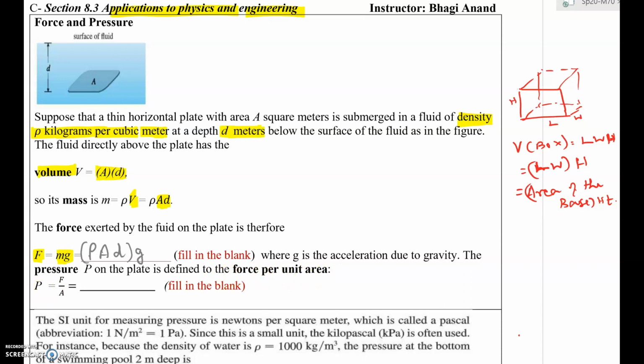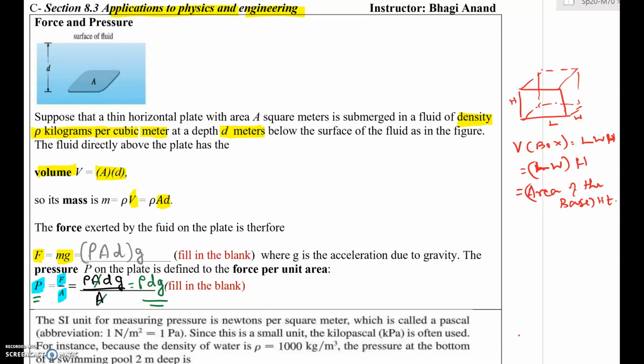So P, pressure, is force divided by area, which is rho A D g divided by A. If we cancel the area, it becomes rho D g. Rho is the density, D is the depth of the liquid, and g is the acceleration due to gravity. So that is the pressure formula.